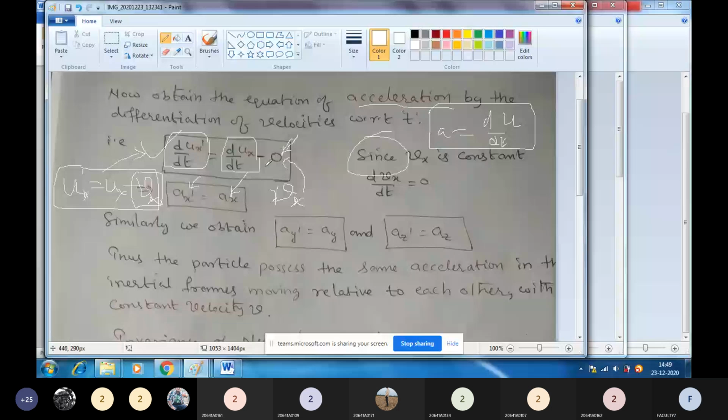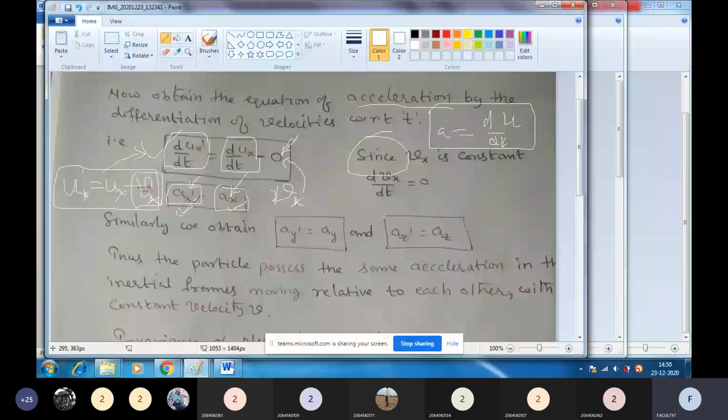So what is the conclusion here? The acceleration in the second frame is equal to the acceleration in the first frame. Both accelerations remain the same. Whatever acceleration you obtain in the S frame will be equal to the acceleration in the S prime frame also.